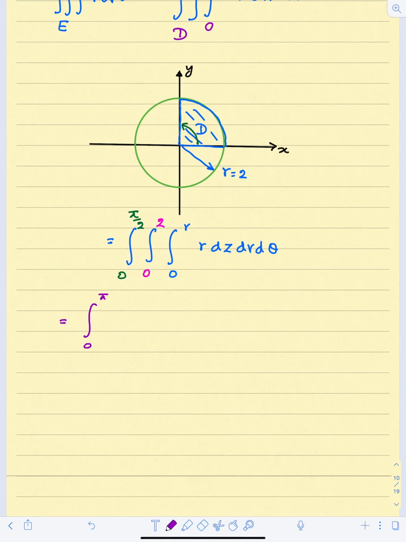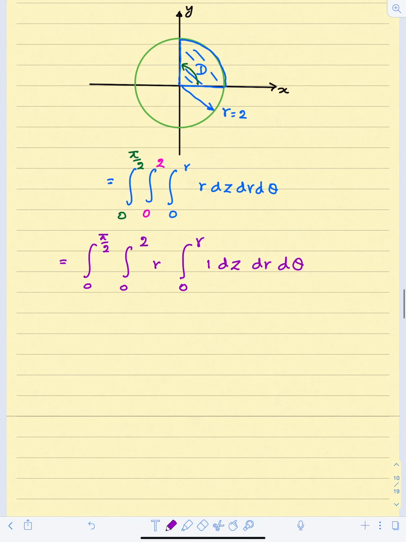0 to pi over 2, 0 to 2. My first variable of integration is z. So we have to treat r as a constant. So now we have r times the integral from 0 to r of 1 dz, dr d theta. The integral of 1 with respect to the z variable equals z.